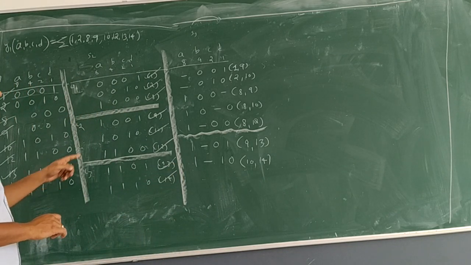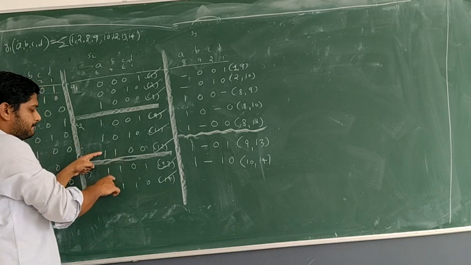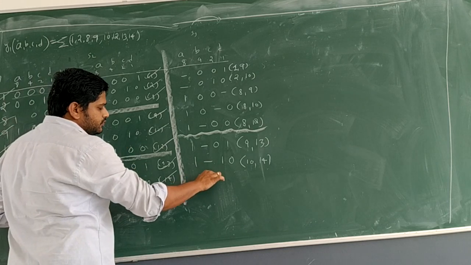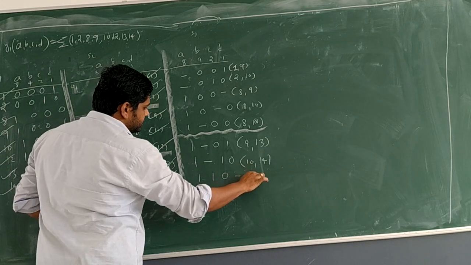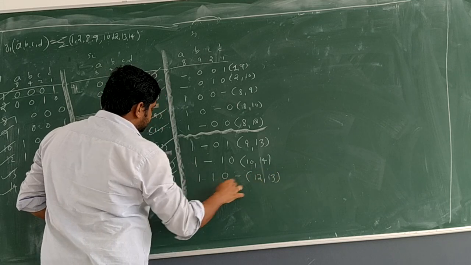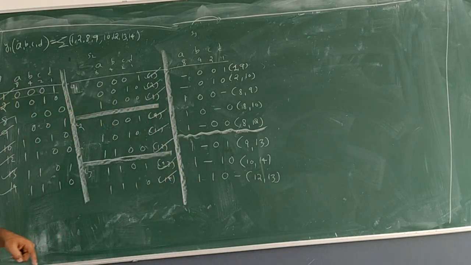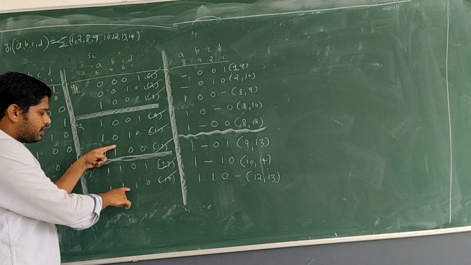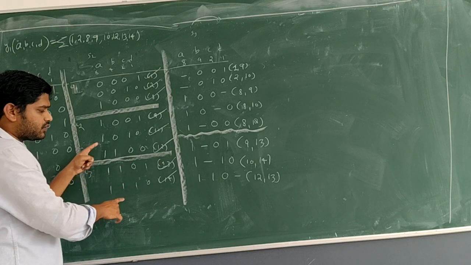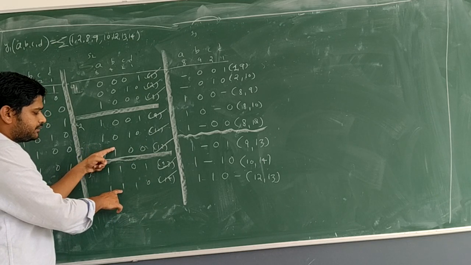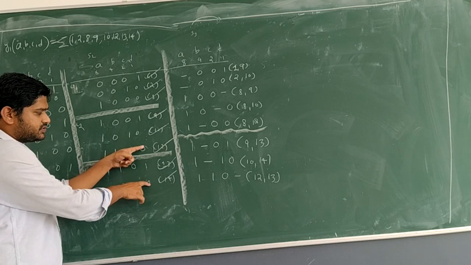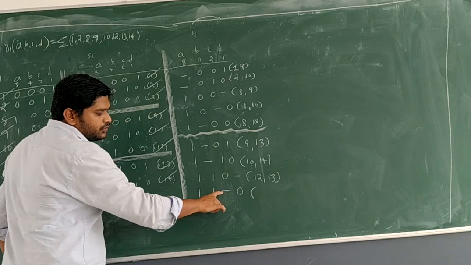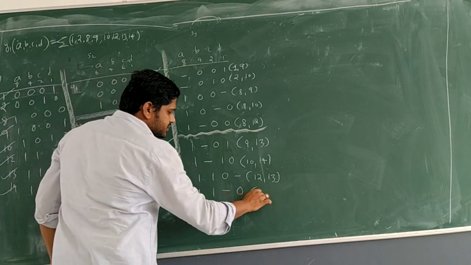Now 12 and 13: 1, 1, 0, hyphen. That is 12, 13. 12 gets a pass mark; 13 is already pass marked. Now 12 and 14: 1, 1, hyphen, 0. Since it is a difference, hyphen 0. We have only one hyphen, hence 12, 14 is allowed.